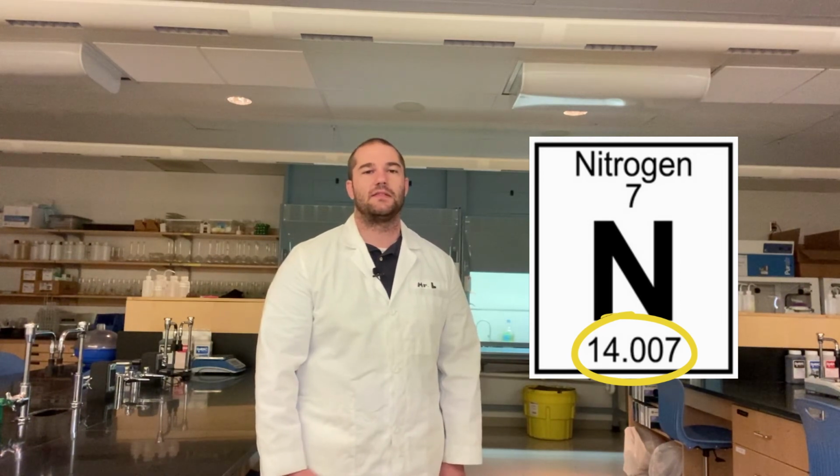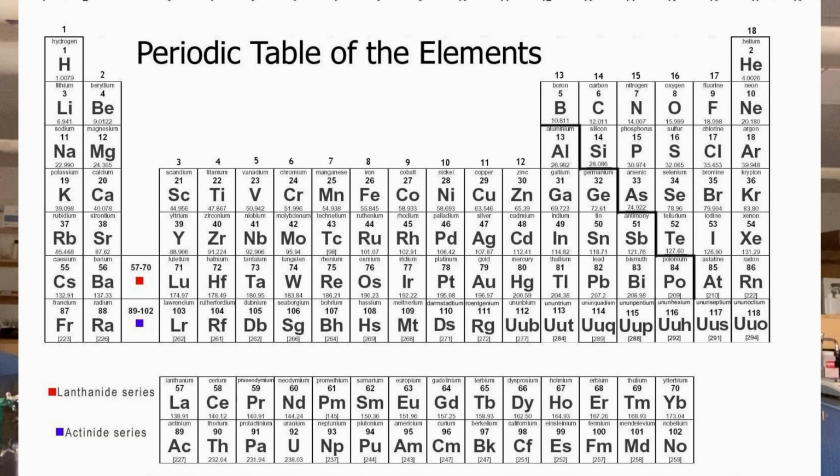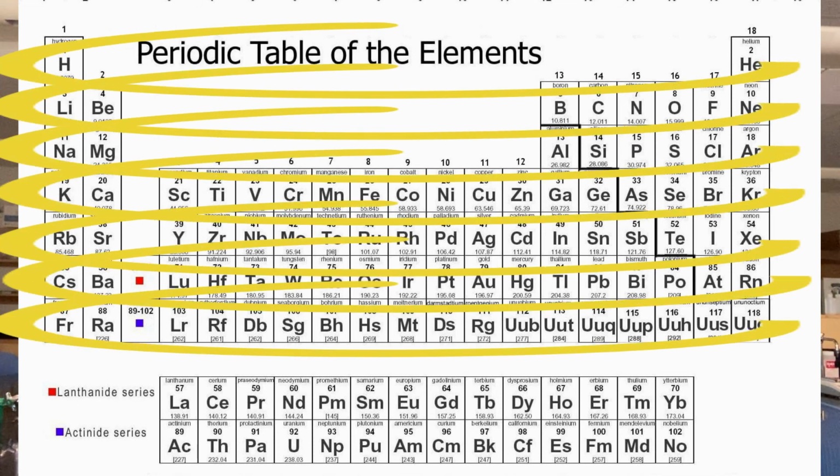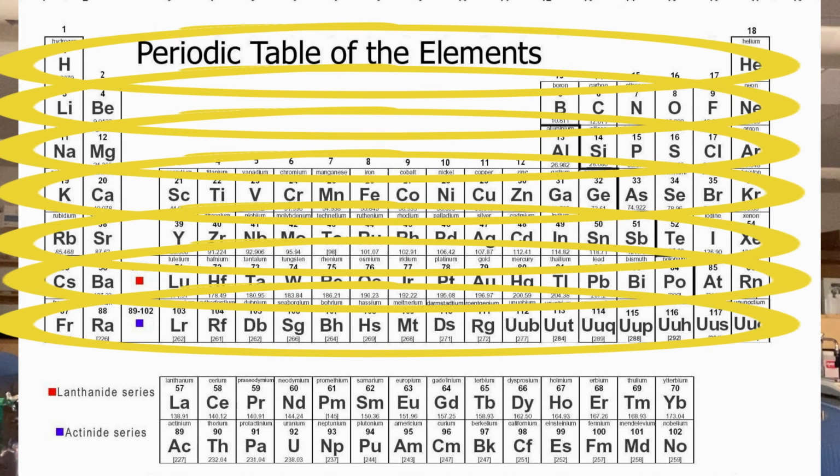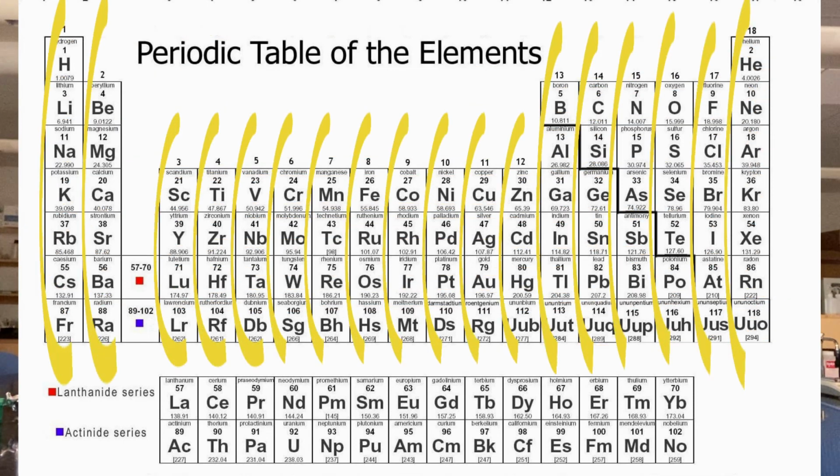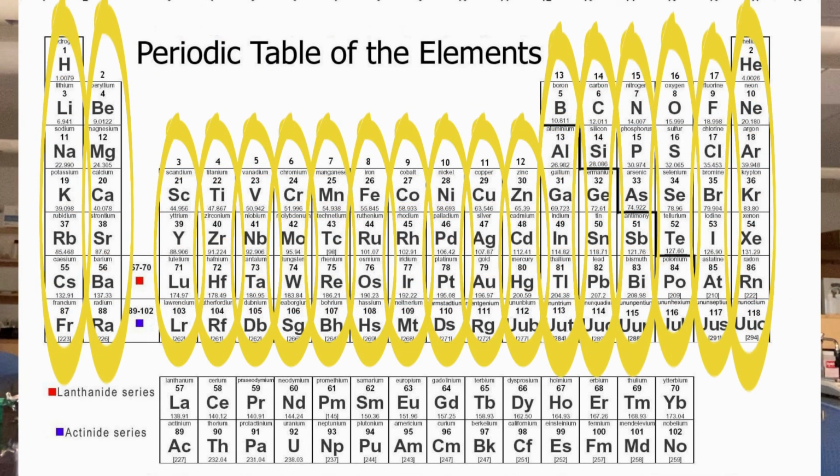If we look at how this table is constructed, we can see that there are 7 horizontal areas on this periodic table, and these are called periods. So the periodic table has 7 periods. Along the vertical areas, we have 18 groups, and groups are organized so that similar chemical properties are grouped together.